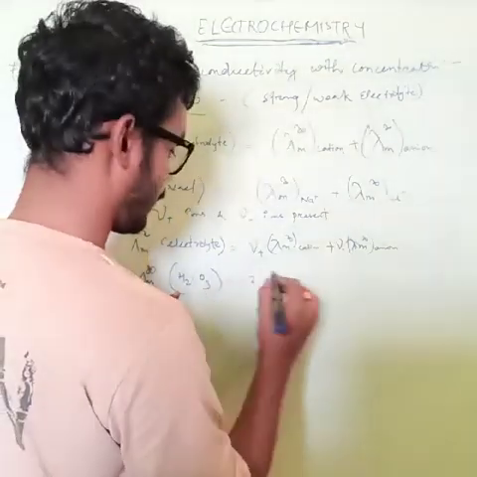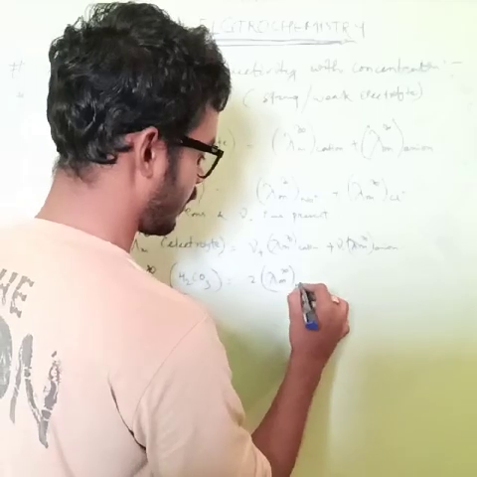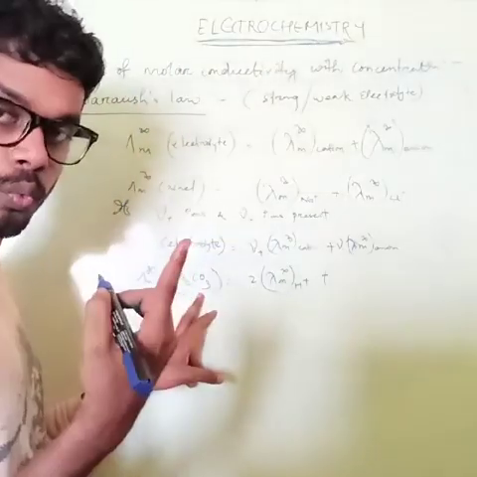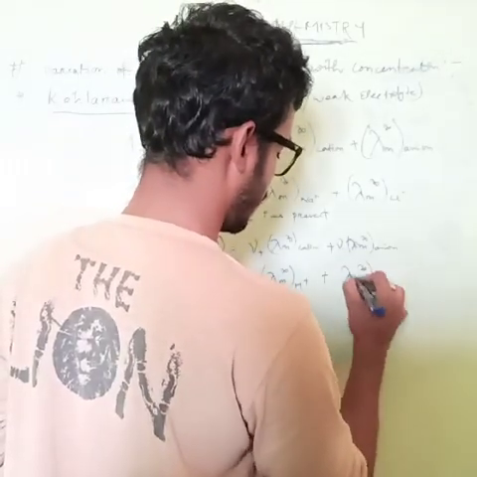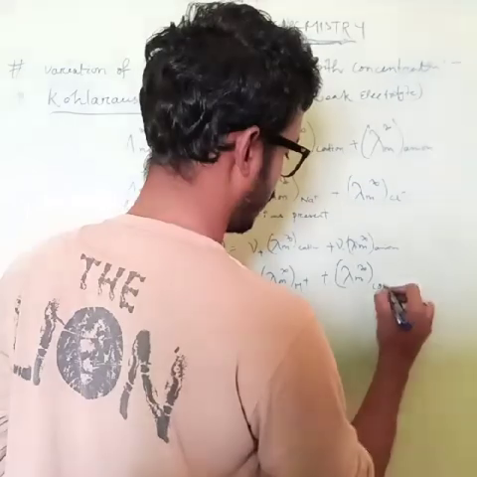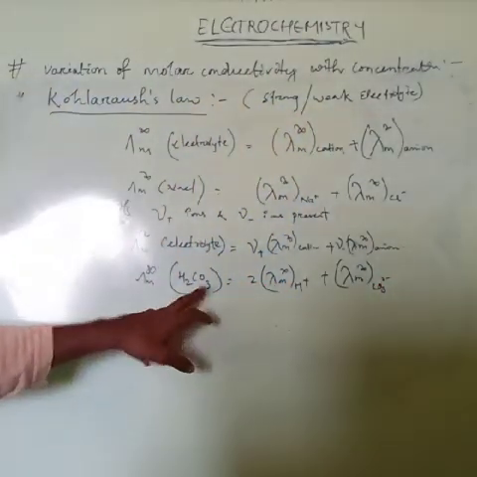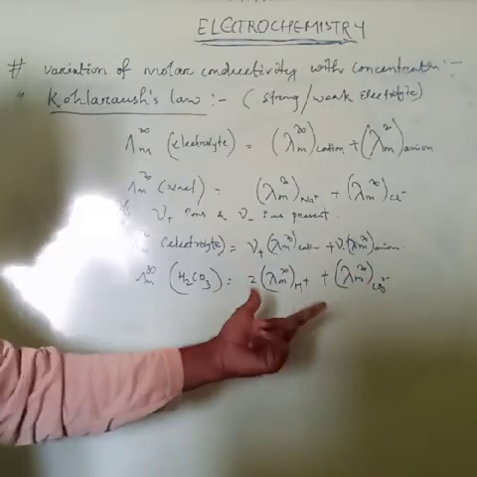So 2 lambda m infinite H plus, and how many CO3 ions? 1. So plus lambda m infinite CO3 2 minus. Okay, so now you can write the definition also.